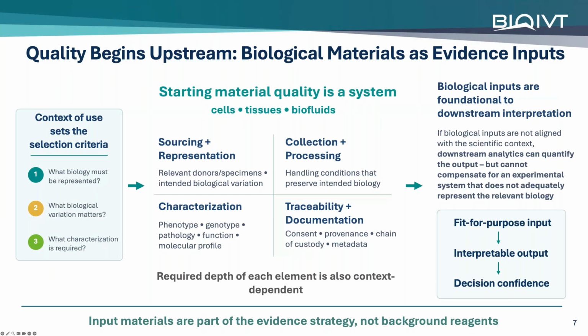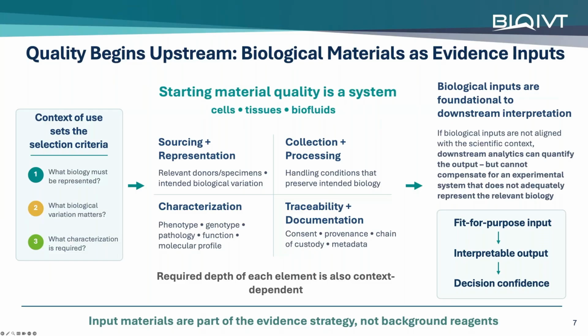The second consideration is biological variance. We often use the word variability as though it's inherently undesirable. Technical variability usually is undesirable, but biological variability can be informative. Patients, donors, disease states, cellular composition, expression levels, functional capacity can all differ.